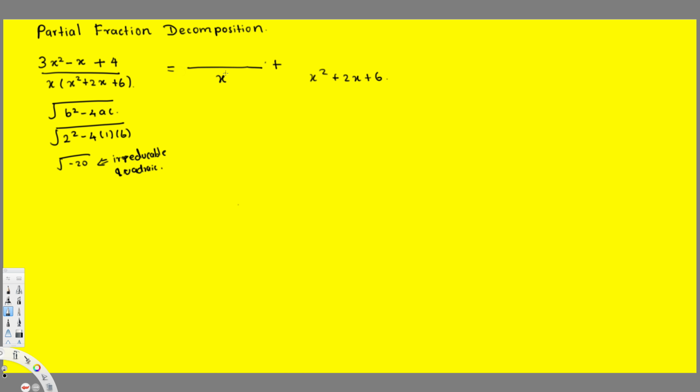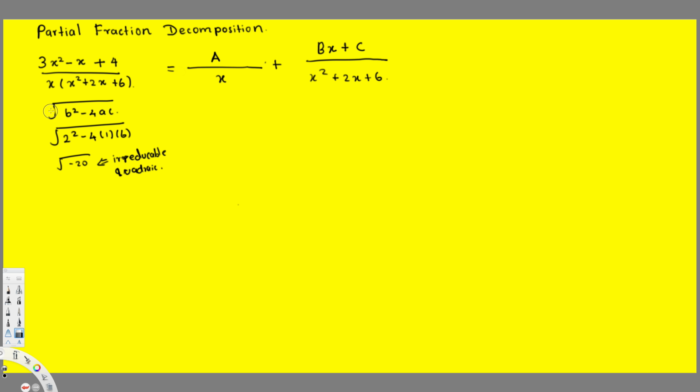This x has one power, so the top one is going to be a constant, let's say the constant a. For the second one, the power is 2, so I have to take one less power: b times x, plus a constant c. So this is one power less than the denominator, and that's the main thing.